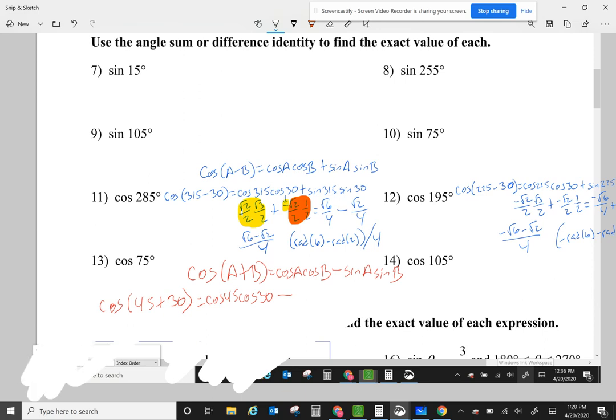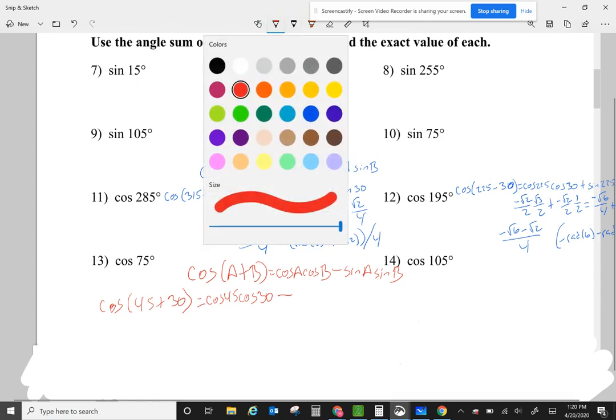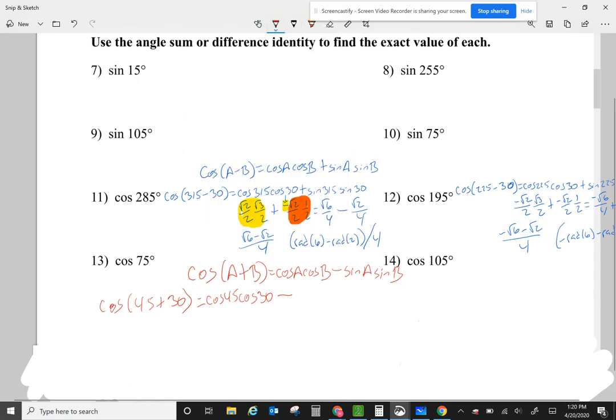Let me give myself some room. This thing got erased. All right, let me go back to my formula. So I have minus sine of 45 times sine of 30. Remember your unit circle.